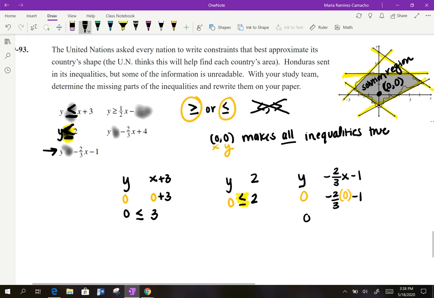Negative 2/3 times 0 is 0, and 0 minus 1 is negative 1. So in this case, a greater than or equal to symbol would be appropriate since 0 is greater than or equal to negative 1. So that is what we are going to put here.